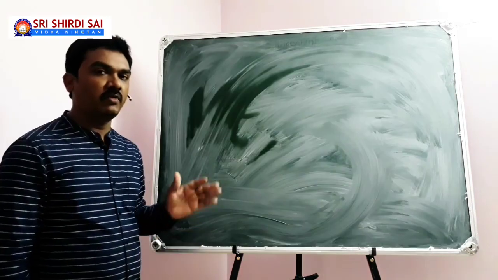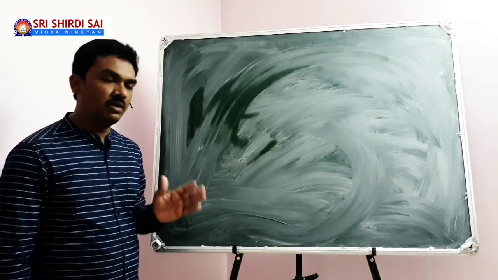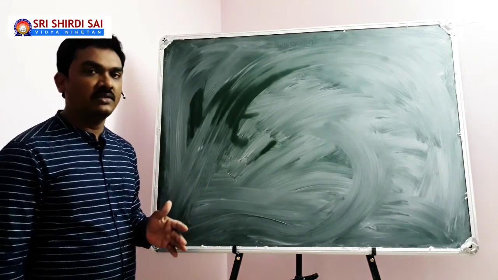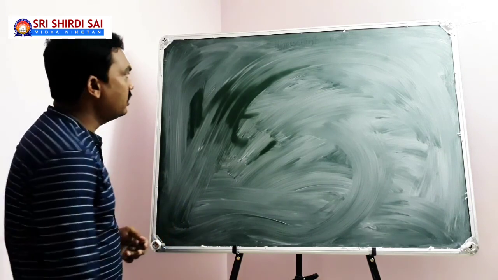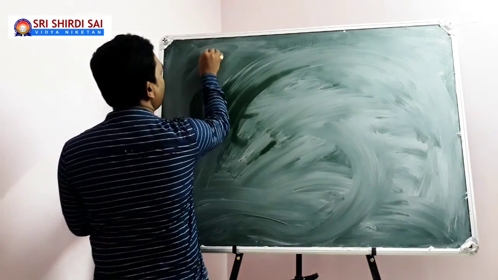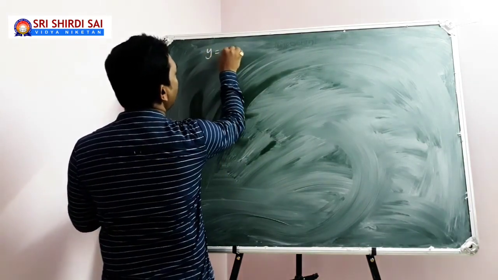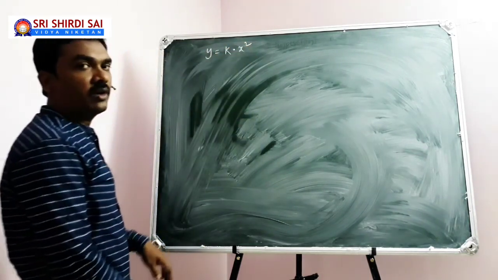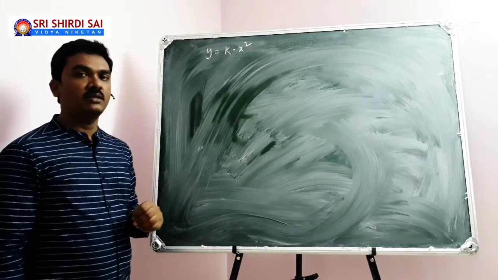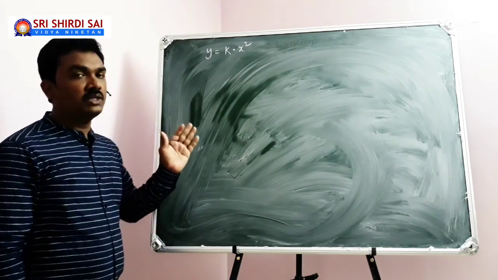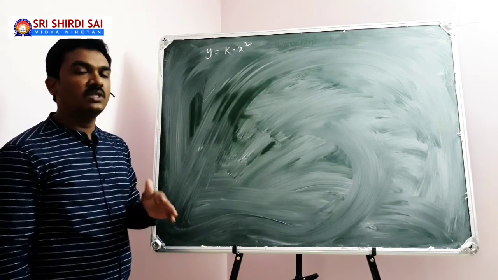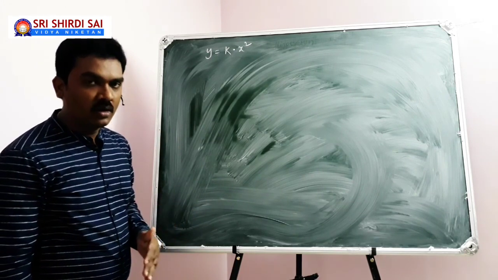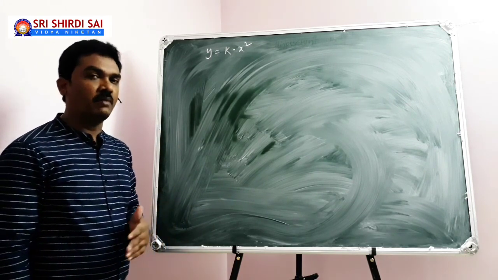With the two equations, y equal to mx and y equal to mx plus c, whose graphs are straight lines. Now here there is a mathematical equation like y equal to k into x square, where k is a constant, x and y are variables. Y equal to k into x square, whose graph will be a curve, and the curve is known as a parabola.